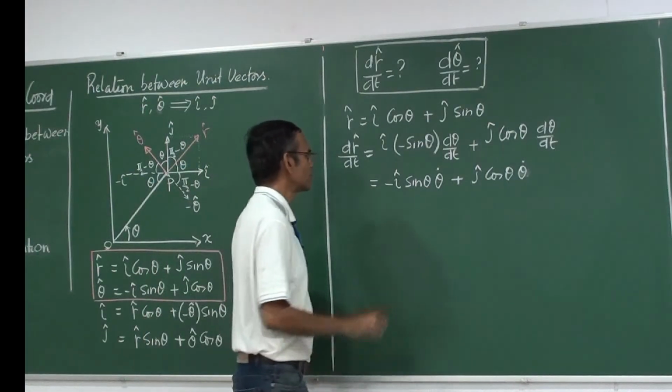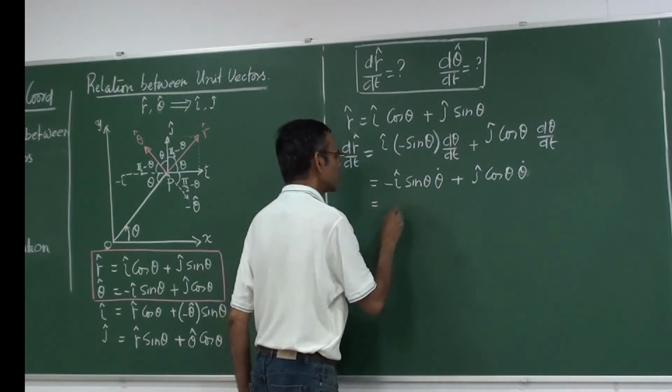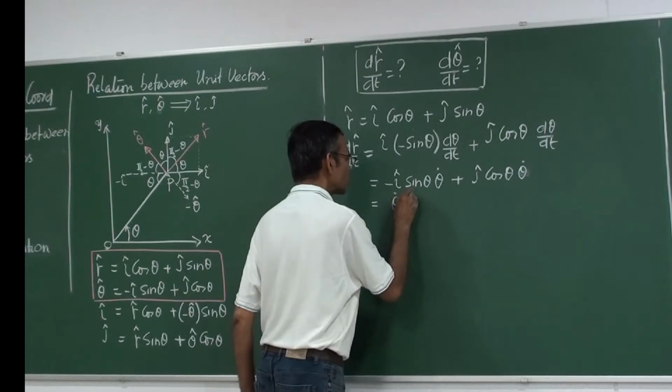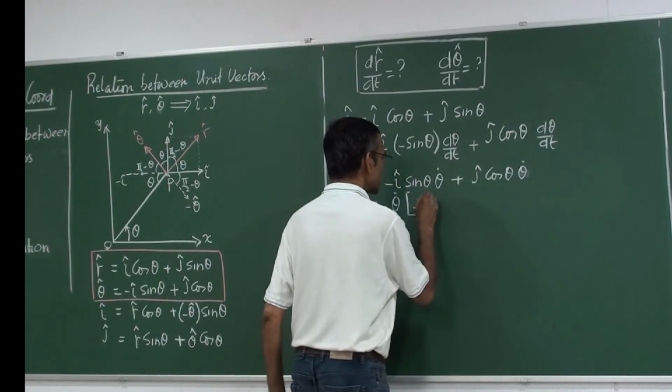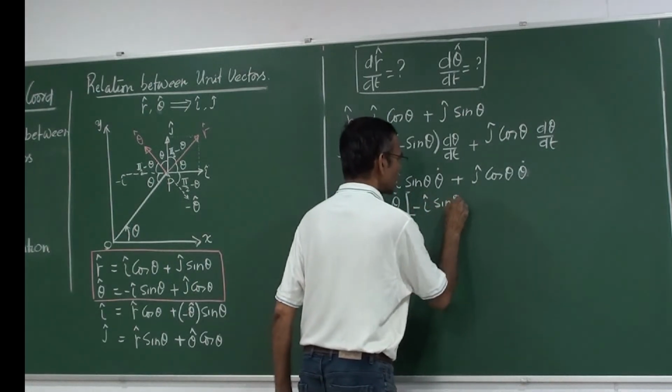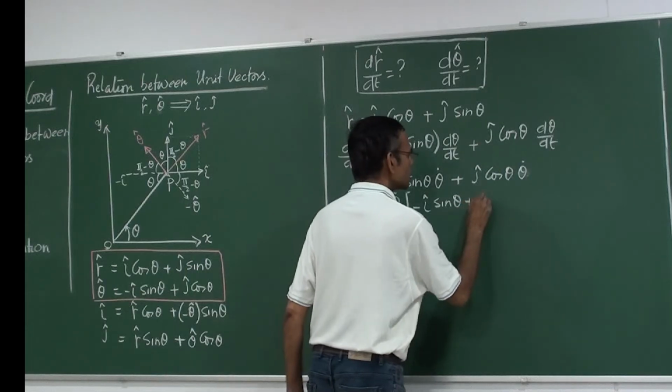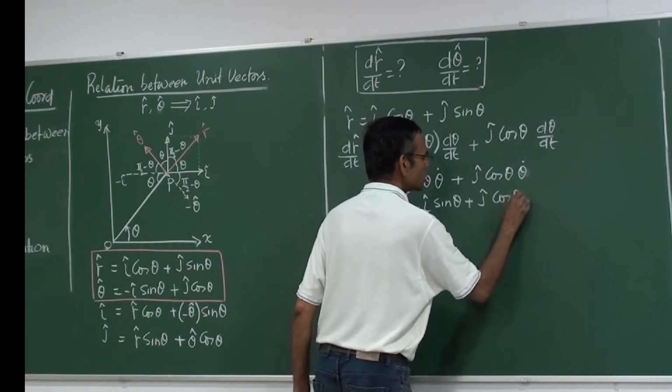And I take theta dot common, that is theta dot times minus I cap sin theta plus J cap cos theta.